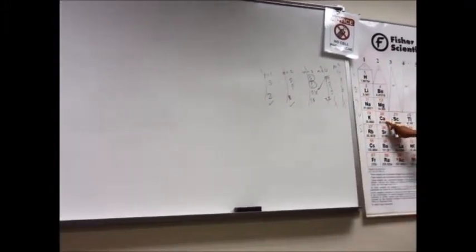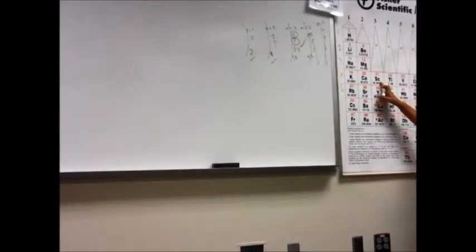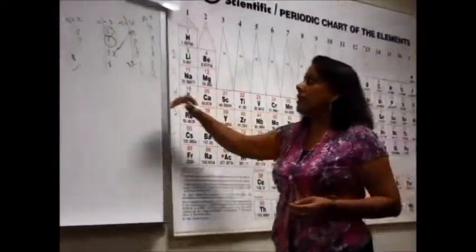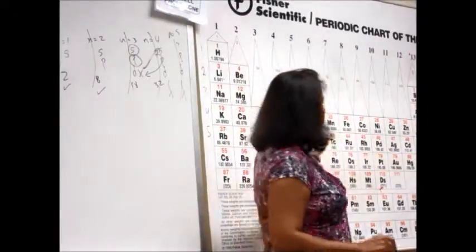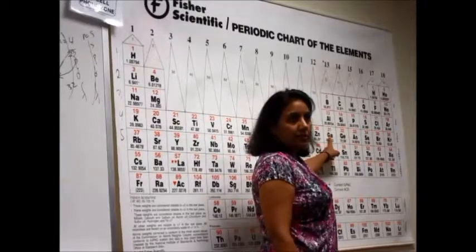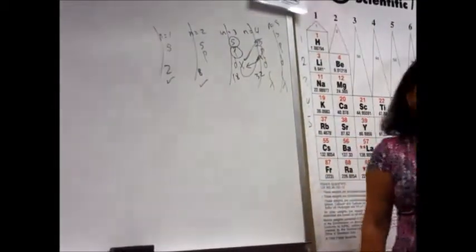But then look what happened after calcium. You came to scandium, right, which is 21, and this is the D block, okay? Which means what happens? You come back in here, you fill the D, and then what happens? You go out again, okay? So after D, you are out in P again.